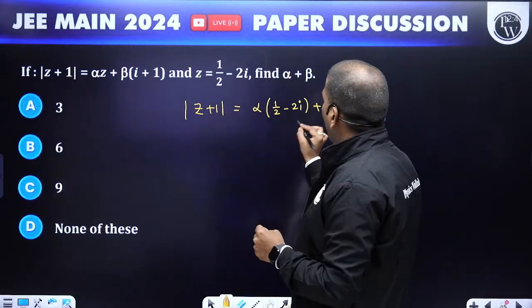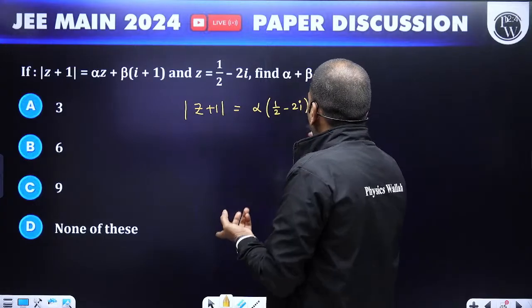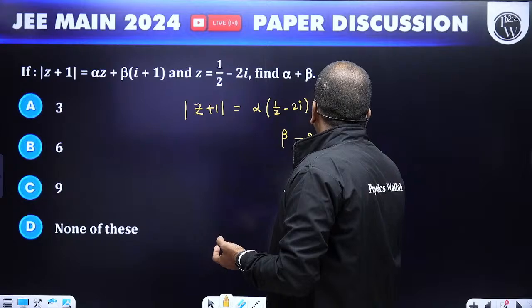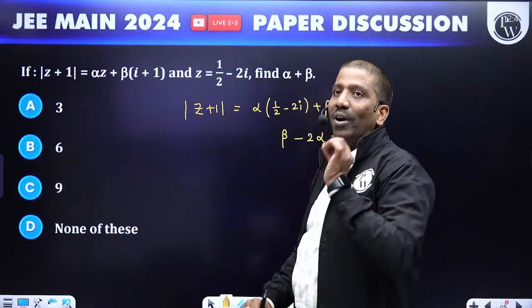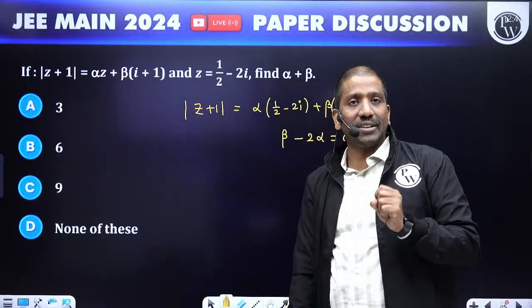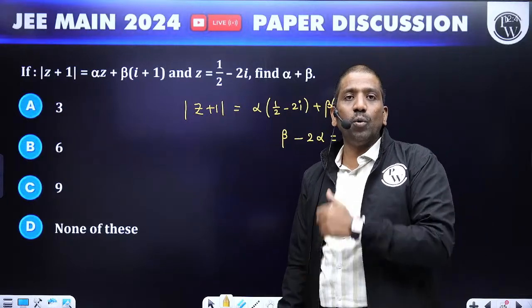So what is the complex part here? The complex part is the coefficient of i, which is beta minus 2 alpha, and that is equal to 0. So that is the one relation. Because we have two parameters, my dear students, alpha and beta, we need two equations to solve for them, right?